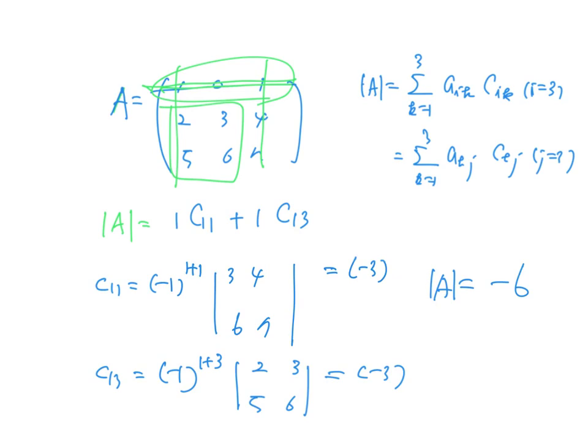Another example. A is 1, 2, 3, 0, 1, 0, 4, 5, 6. So in this case, which column or which row would you like to expand? Second row, right? The second row has 2 zeros, so you only need one cofactor.